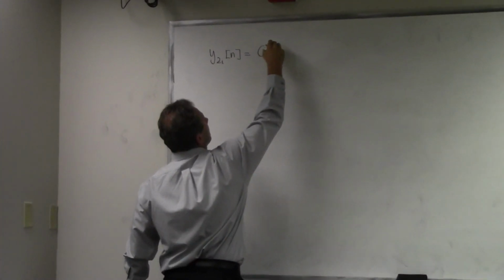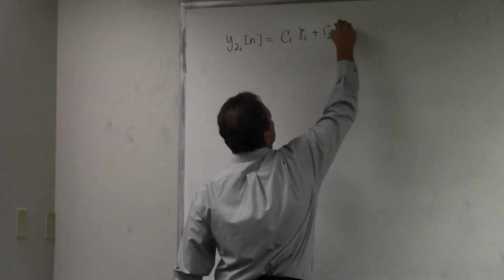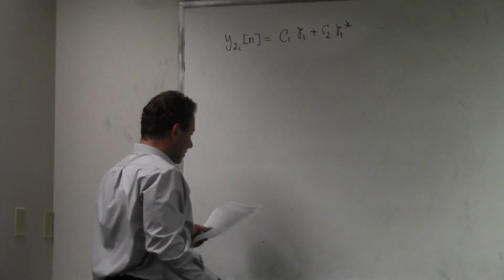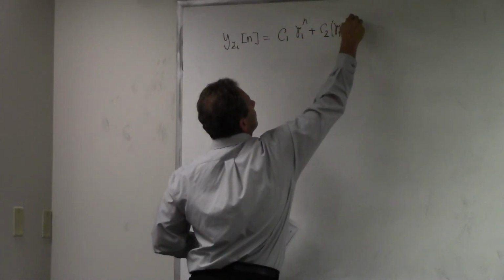So it's C1 gamma 1 plus C2 gamma 1 complex conjugate, to the n.